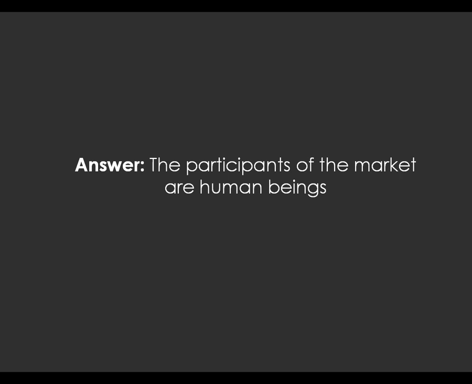Now, some people will say that half of the volume these days in the markets are machines, computer programs and algorithms. Yes, that's true, but even those are programmed by human beings. And not only are they programmed by human beings, they are also run by human beings. The decisions for when to turn them off and on are made by human beings.